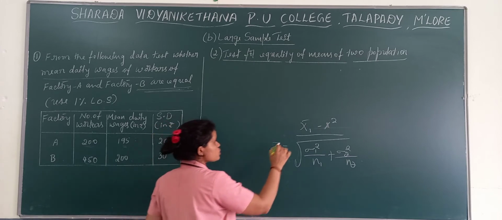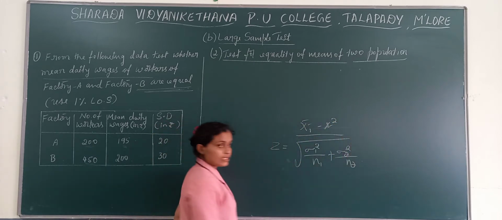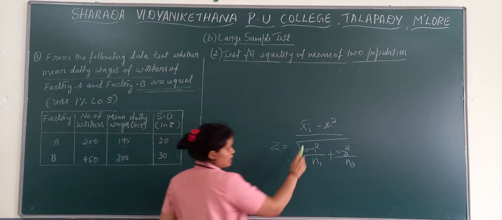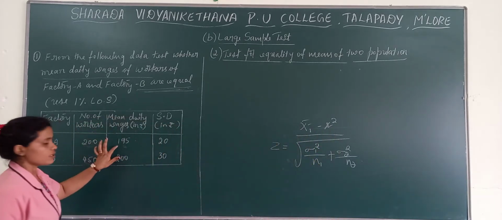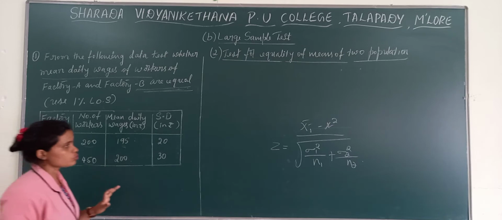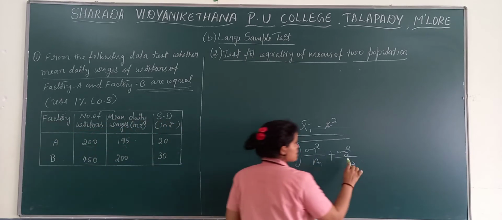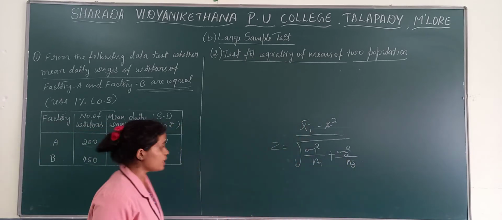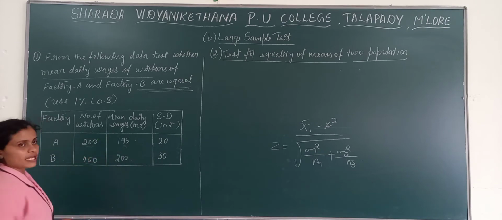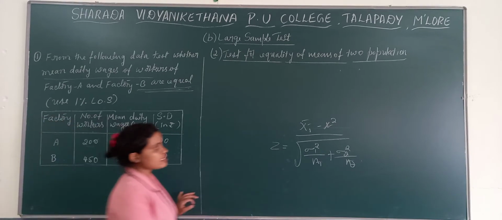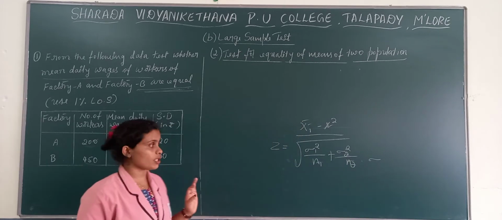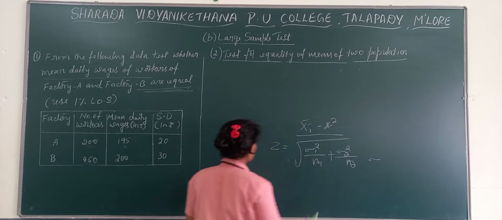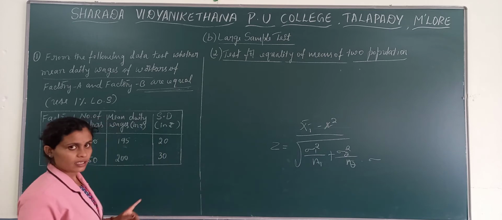Now here we need to see what terms we require. The sample means 1 and 2 are given directly. The sizes n1 and n2 are the number of workers. Then the standard deviation indicates the population standard deviation, given as 20 and 30.